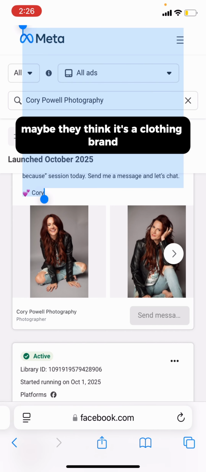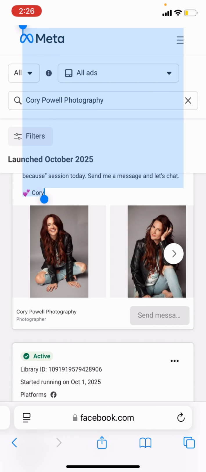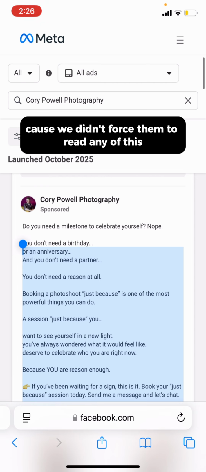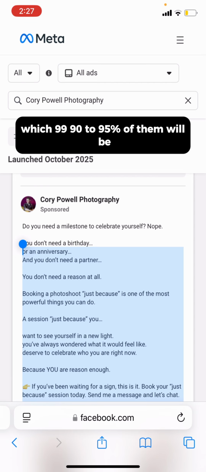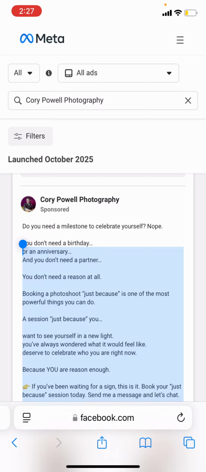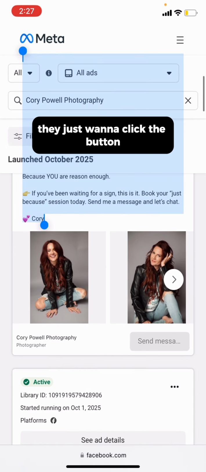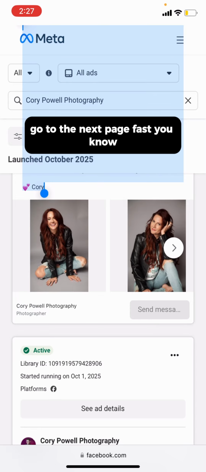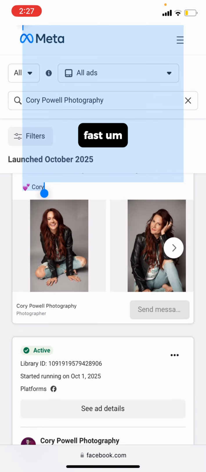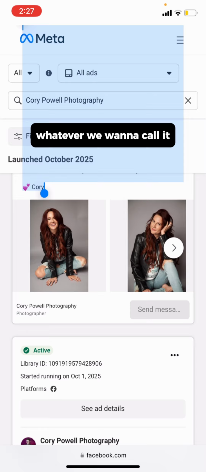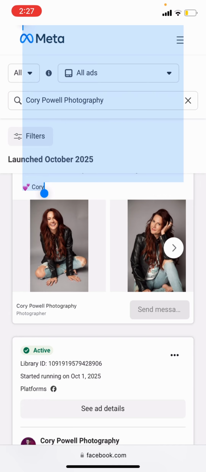Maybe they think it's a clothing brand, who knows? Because they didn't read any of this, because we didn't force them to read any of this. So they're coming over there unqualified, which 90 to 95% of them will be, because most people don't want to read all this. They just want to click the button, go to the next page. Fast, fast, whatever we want to call it, dopamine hit.